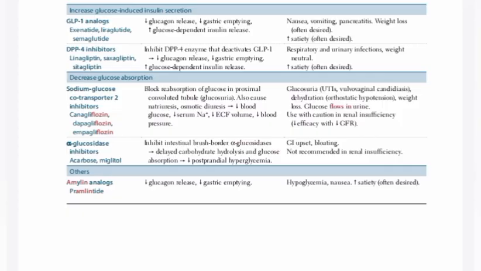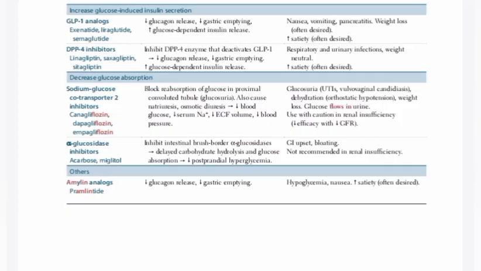Due to glucosuria, there is chance of UTI and vulvovaginal candidiasis. The second action it causes is natriuresis and osmotic diuresis, due to which there is dehydration, and it decreases blood glucose, blood pressure, serum sodium, and ECF volume.